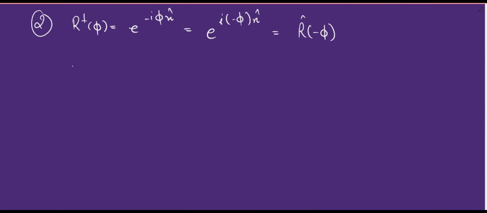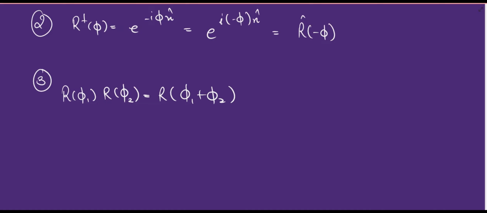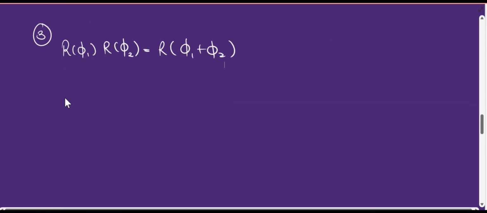Now let us derive the next part. R(phi 1) into R(phi 2) is equal to R(phi 1 plus phi 2). This is another property. Let's derive it.